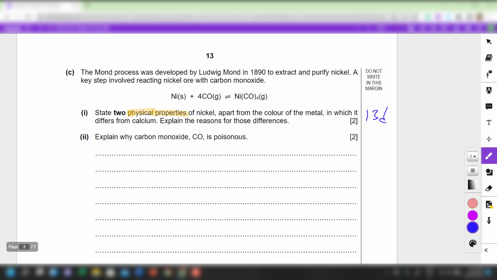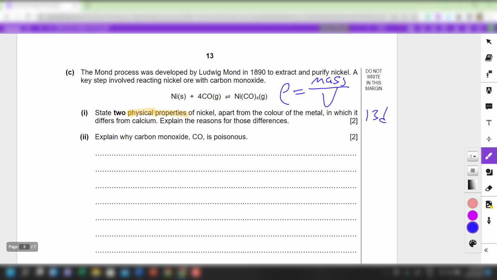The next physical property we are going to discuss here is the density of nickel. Transition metals tend to be denser as compared to main group metals. Why is that the case? Number one, we need to use a proxy here. Density is the mass per unit volume, if we assume that the atoms are spheres.